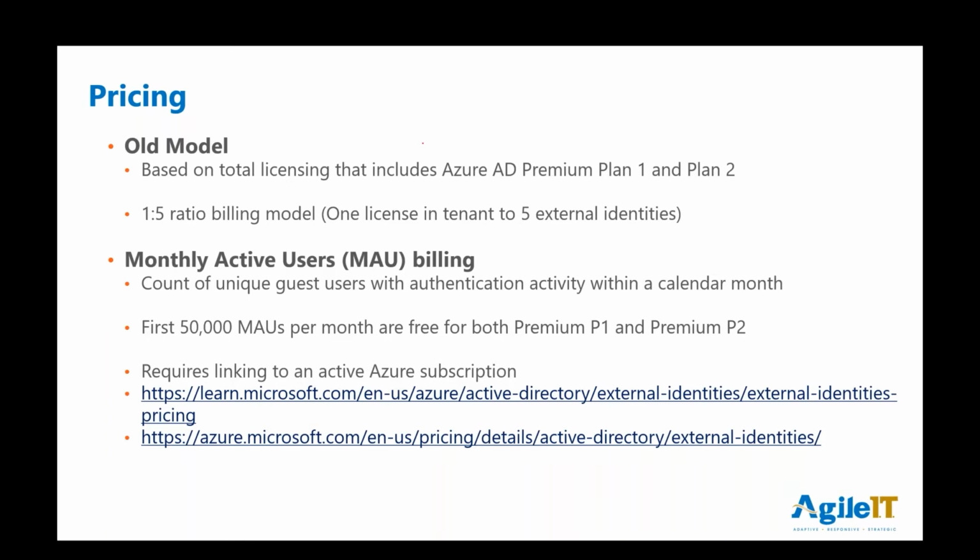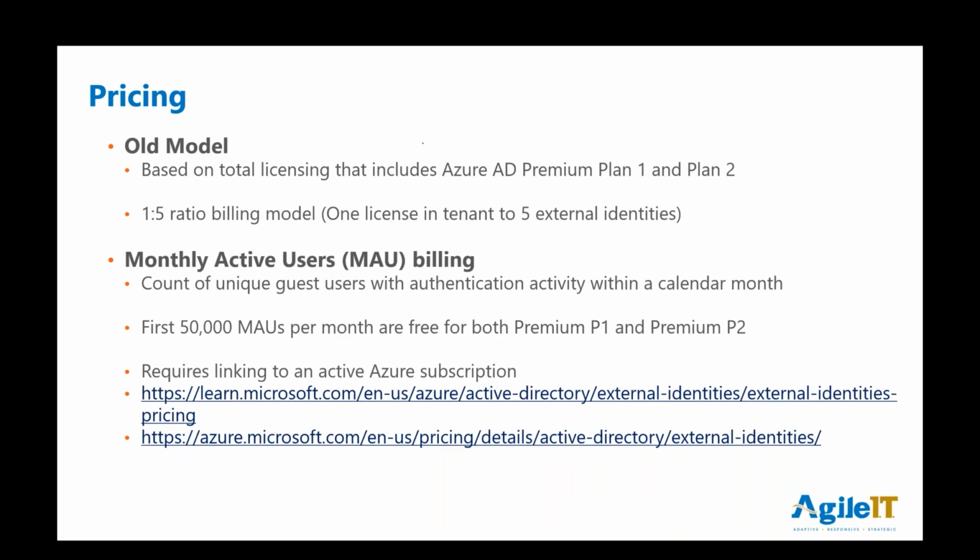First off, a lot of people don't know this, but the old model, also known as the current model, is when you have Azure AD Plan 1 or Plan 2. You could have gotten it because you had EMS E3, E5. You could have gotten it because you were doing Microsoft 365 E3, E5. However way you got that, let's say you had 50 users with whatever combination of licenses that effectively gave you 50 aggregated together, Plan 1 and Plan 2.